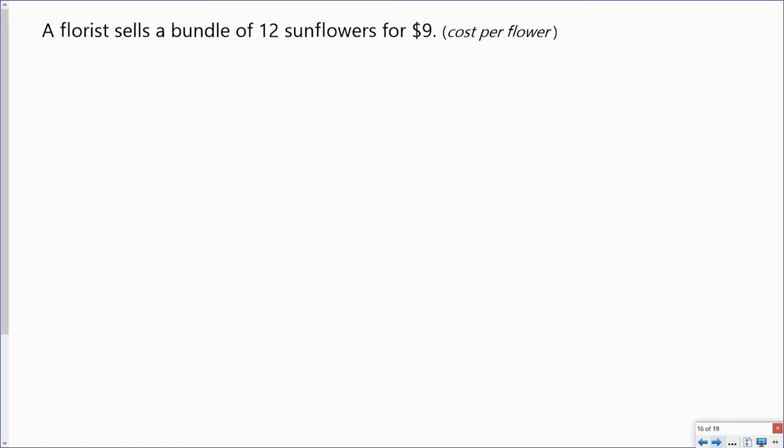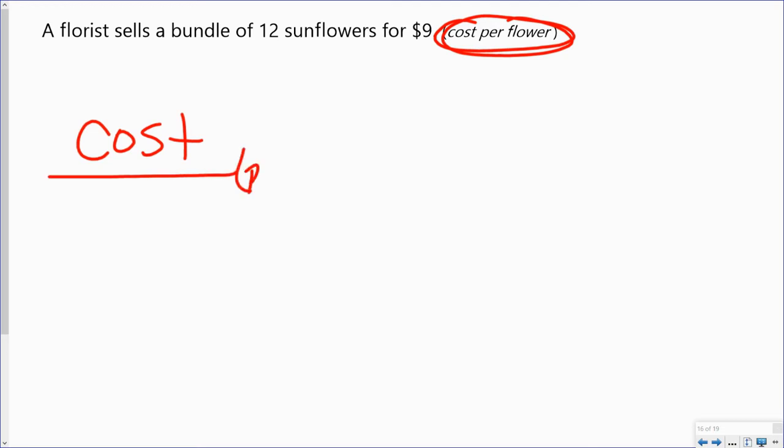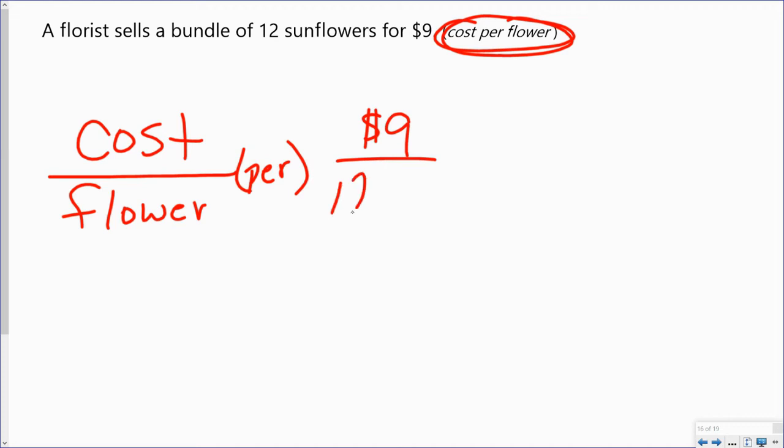Here it says a florist sells a bundle of 12 sunflowers for $9. Again, here is my clue: cost per flower. That means I'm going to have my cost on the top, per flower. In this case, I have $9 and 12 sunflowers.